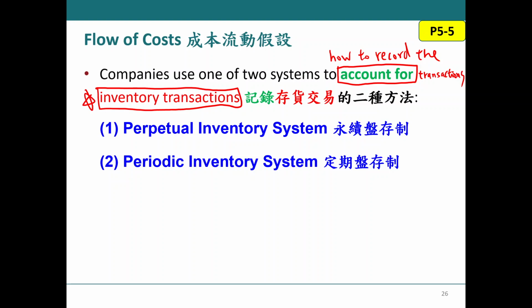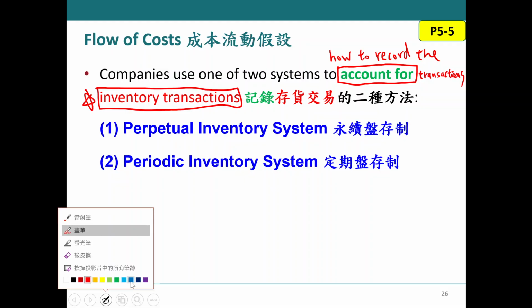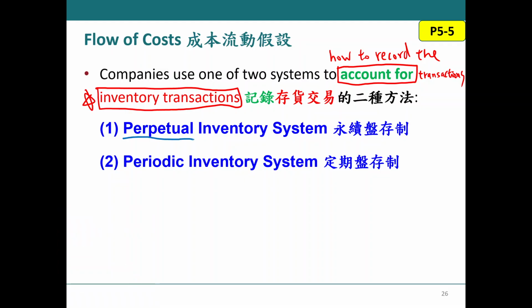We have two methods. First one, perpetual 永续盘存制. Second one, periodic 定期盘存制. Two methods, perpetual and periodic.